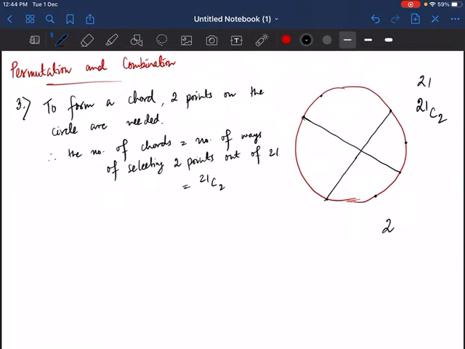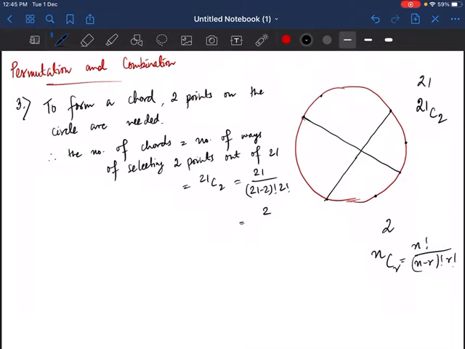Now what is the value of this one? We have learned that nCr is equal to n factorial divided by n minus r factorial, then r factorial. So 21C2 will be 21 factorial divided by 21 minus 2 factorial into 2 factorial.